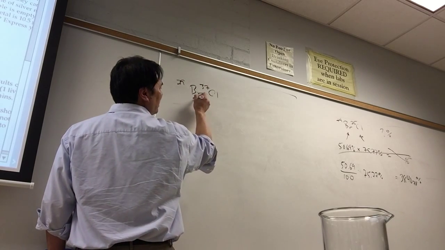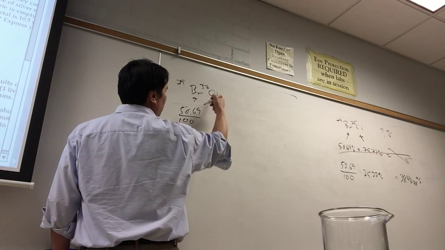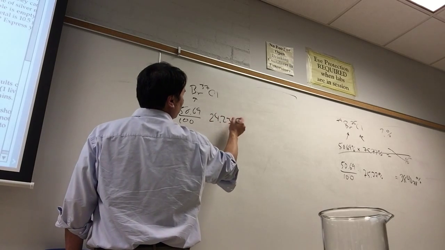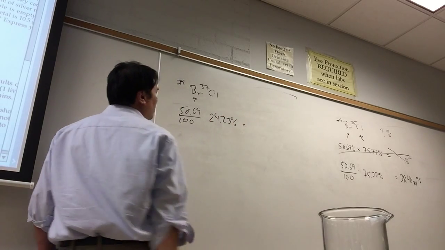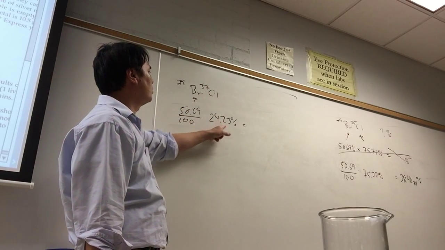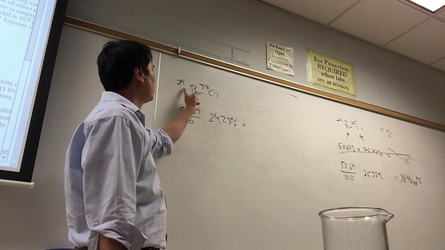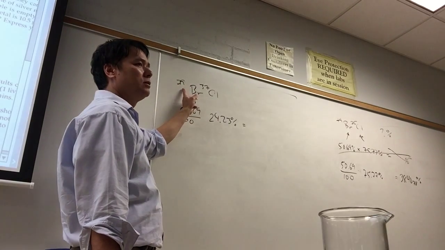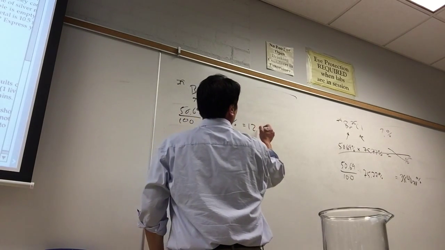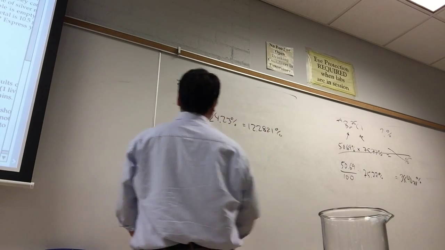Bromine 79 is 50.69 out of 100 parts, and the chlorine 37 is 24.23%. What percentage of the chlorine 37s, which makes up 24.23% of all the molecules, is bromine 79? That's the way we read this. And what is it? 12.2821. I have more sig figs than I'm allowed.